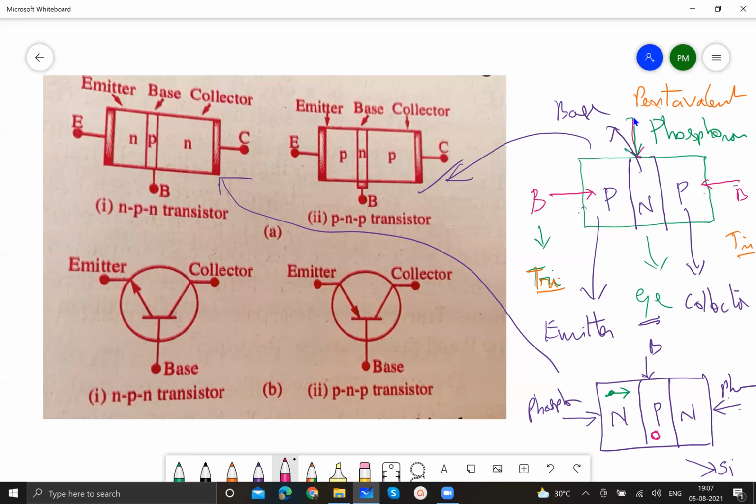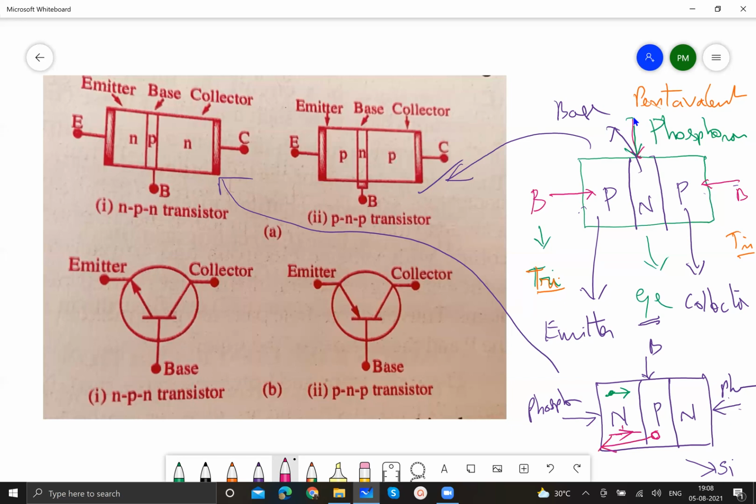So, the direction in which holes move, the direction in which electrons move will be opposite to conventional current. Therefore, when you bias it, when you apply voltage, electrons will be moving towards the base and holes will be moving away from the base.